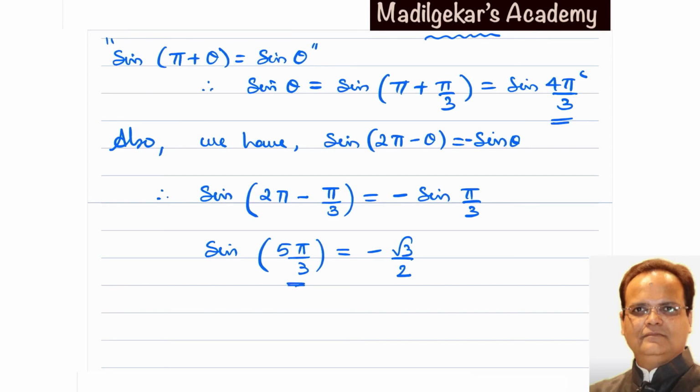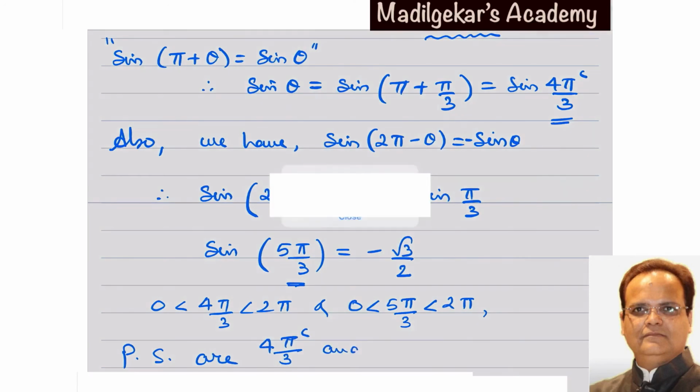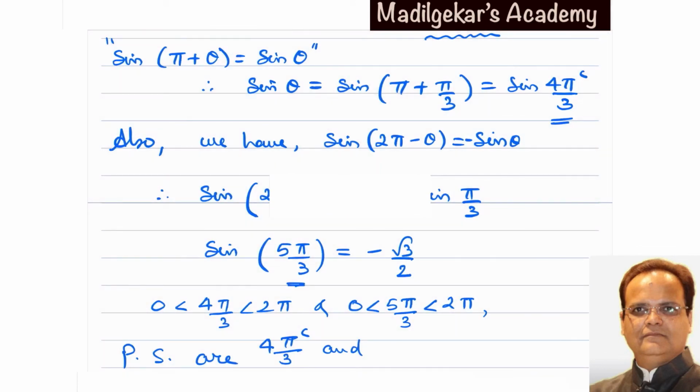So this is the second principal solution, as both 0 less than 4 pi by 3 less than 2 pi and 0 less than 5 pi by 3 less than 2 pi. Principal solutions are 4 pi by 3 and 5 pi by 3.